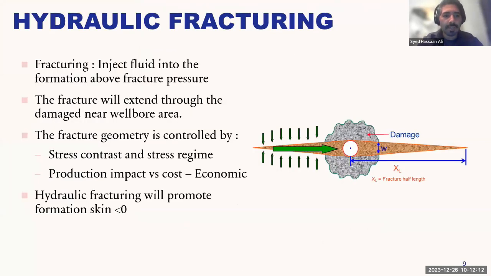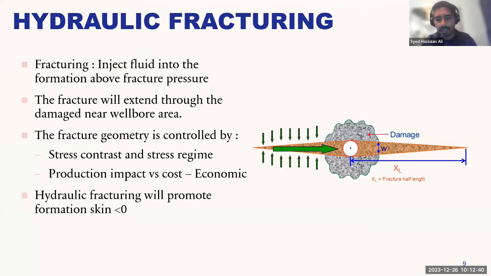So as I mentioned earlier, in fracking, the frac fluid is introduced at a pressure which is higher than the formation pressure. The fracture will extend beyond the damaged wellbore area. As I mentioned earlier, the difference between matrix stimulation and hydraulic fracking is that in matrix stimulation, you are trying to repair the damage zone which is not letting you produce. In hydraulic fracking, you are actually going beyond that.